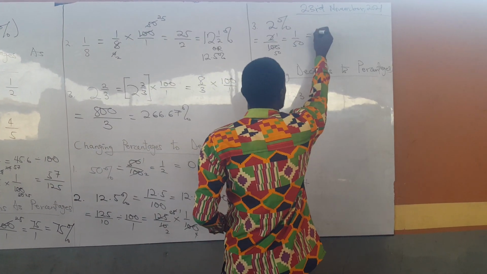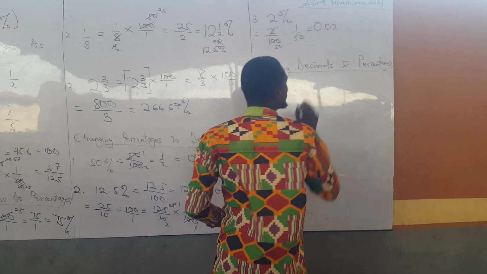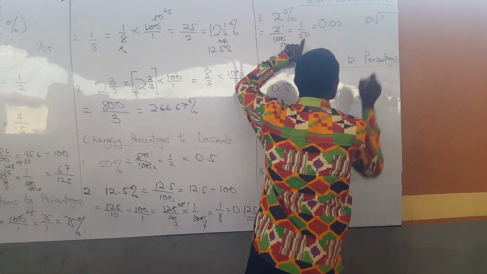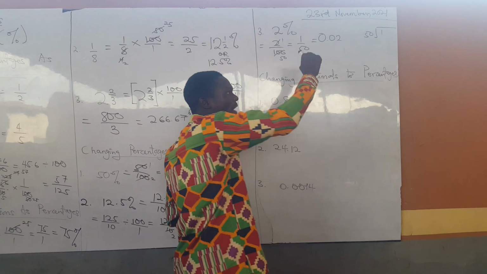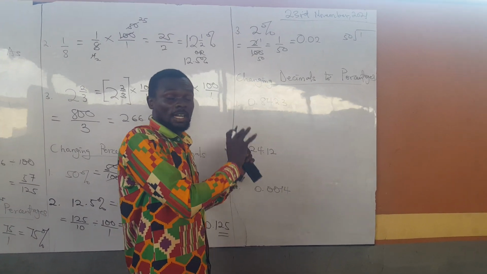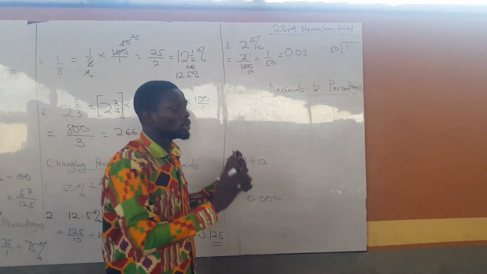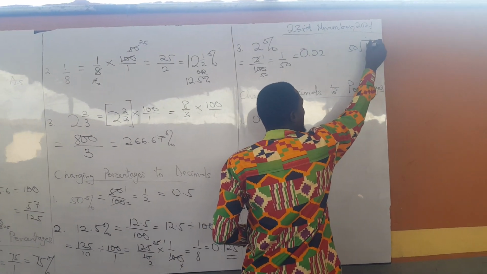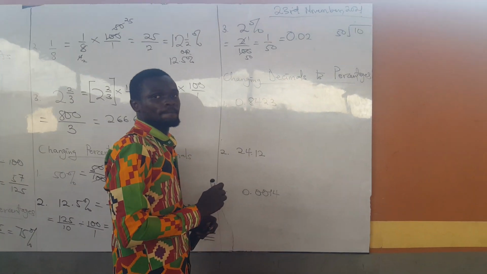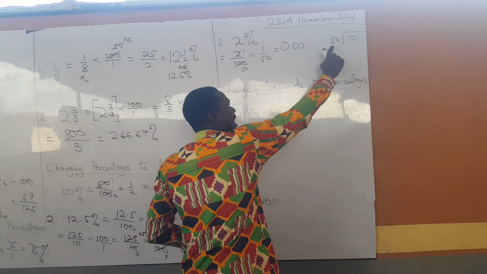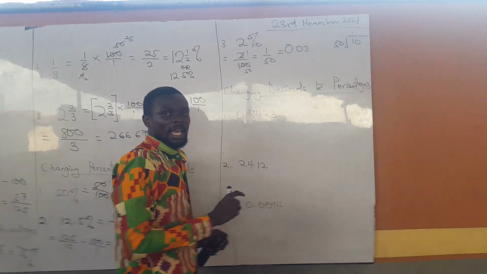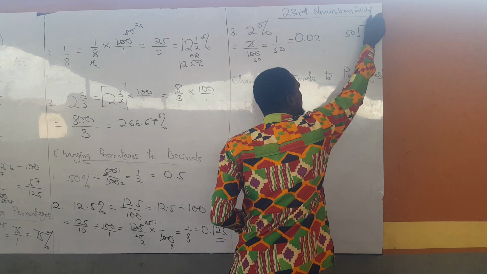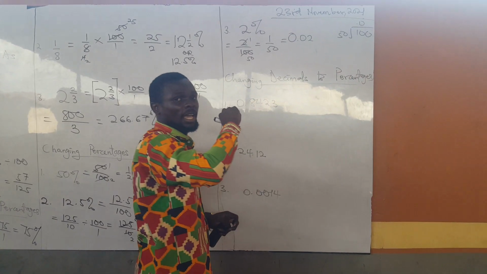Let's try it out and see. Our answer is going to be 0.02. Bring the 50 out of the division sign. Take 1 in. Can 50 go into 1? No. So you bring your decimal point. Immediately you bring a point here, you can add 0 to the 1 here. Again, can 50 go into 10? No. Because there is no number here, you have to bring 0 and add another 0 here.